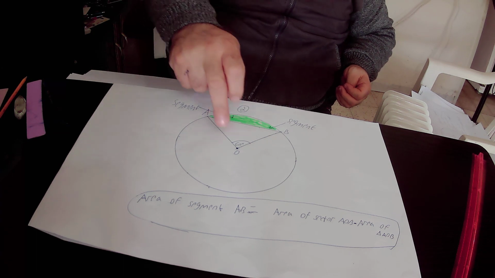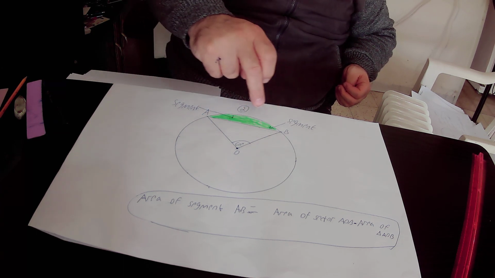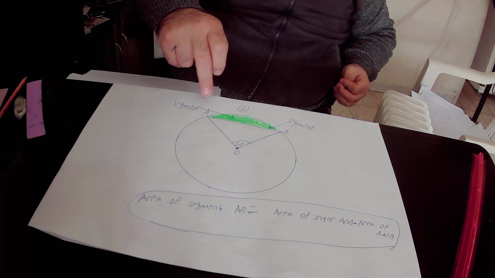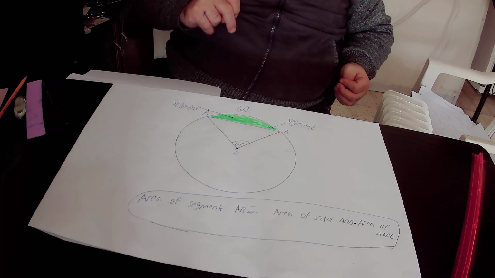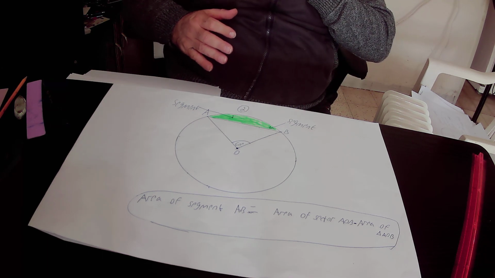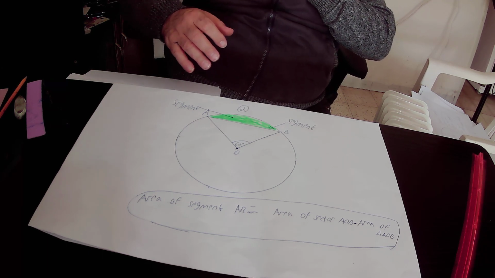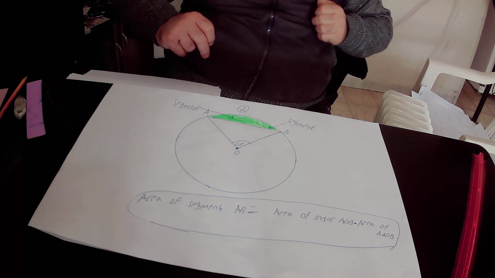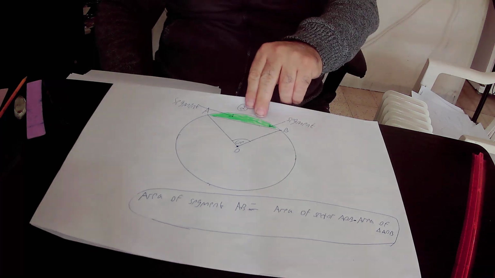Again, the area of sector AOB minus the area of triangle AOB will be equal to the area of segment AB. And the segment is the area that is bounded by chord AB and arc AB. Okay?